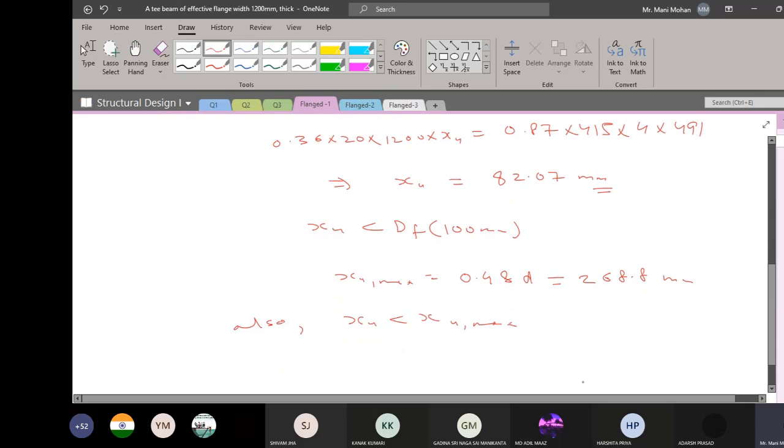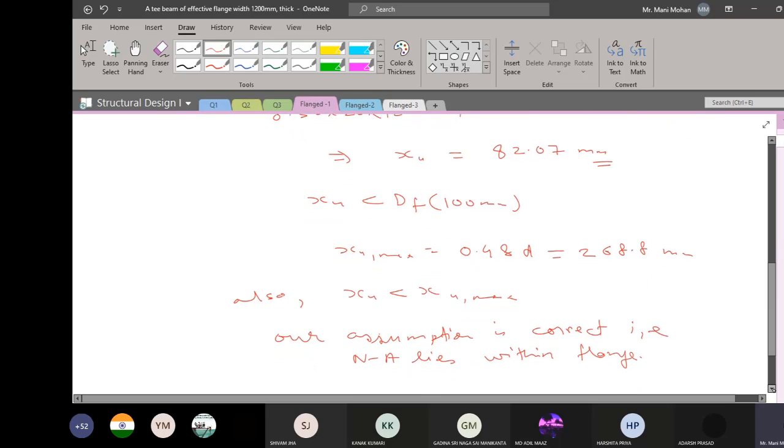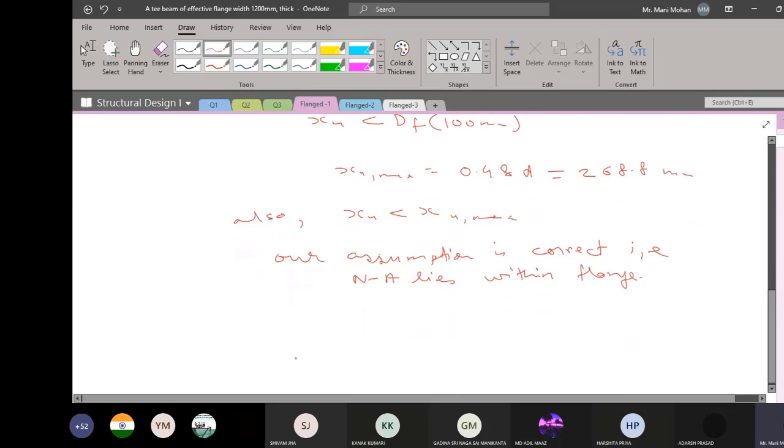So you can say that our assumption is correct, that is neutral axis lies within flange.